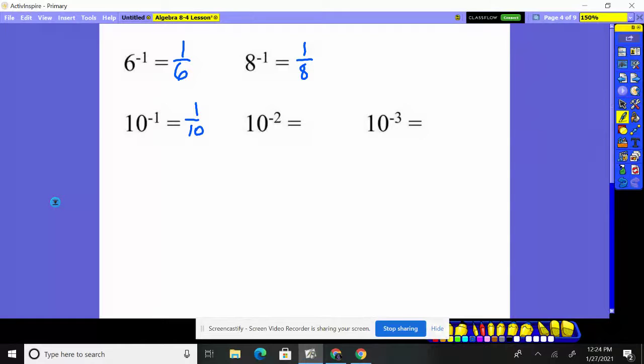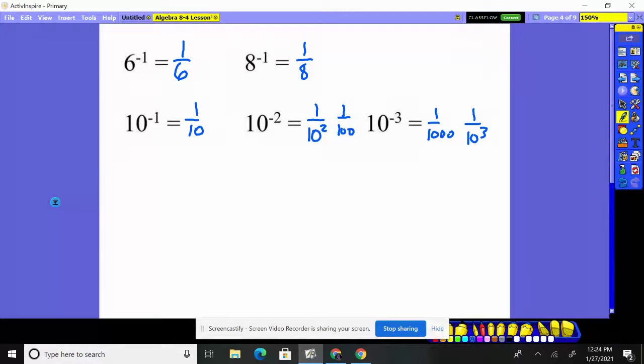Now, what about that? Really, that's like a 10 to the -1 times 2. But we could look at this as really just 1 over 10, this is 1 over 10 squared. This is 1/100th. And 10 to the -3 is 1,000th, or 1 over 10 to the third.